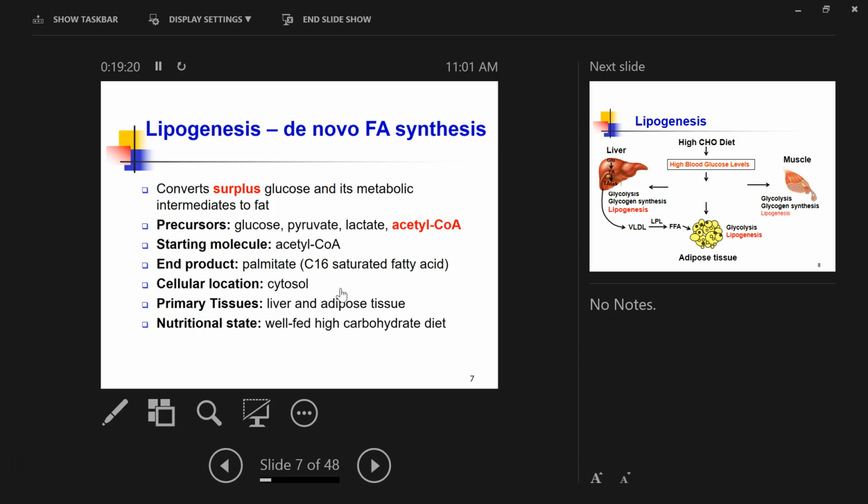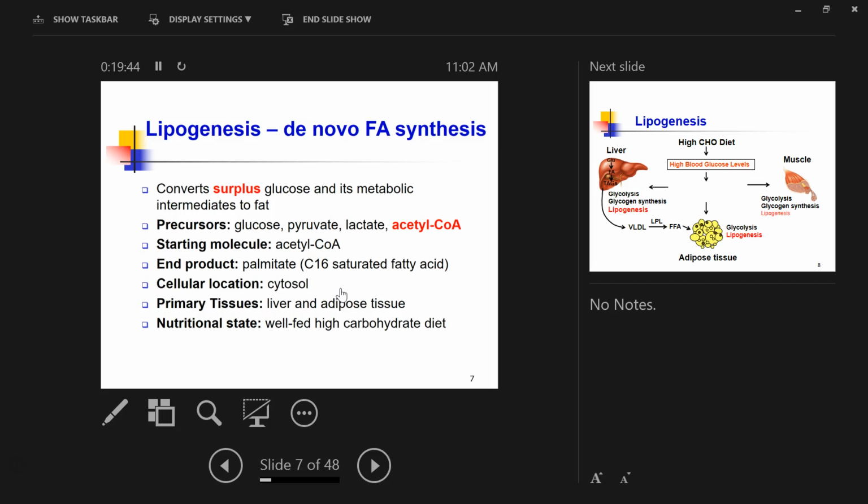Of course, our body can also synthesize other fatty acids, like 18-carbon fatty acids, or even some unsaturated fatty acids. But the most active process is synthesizing palmitate.